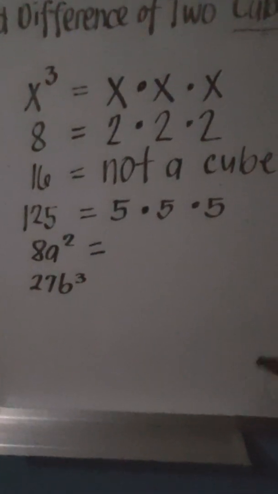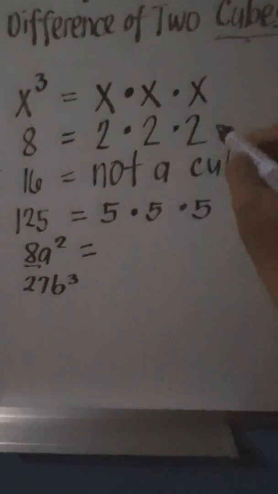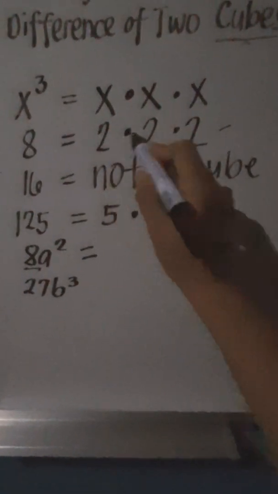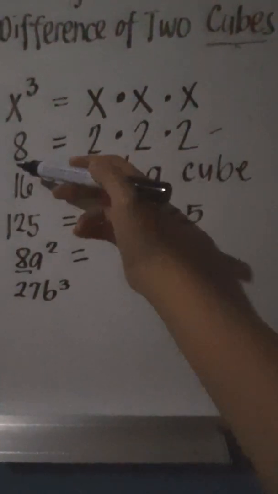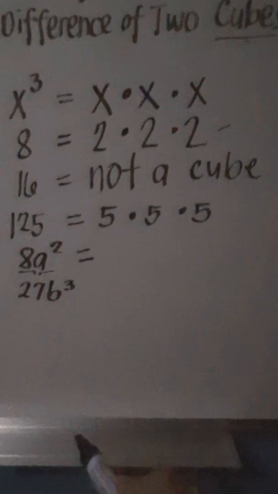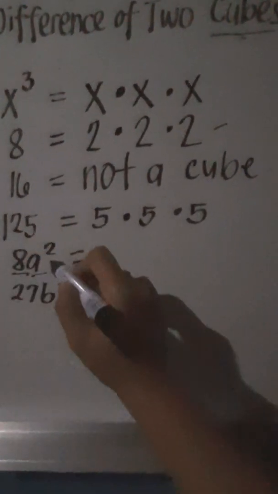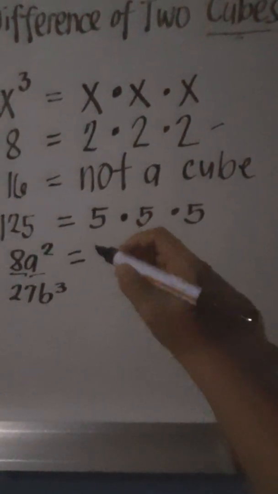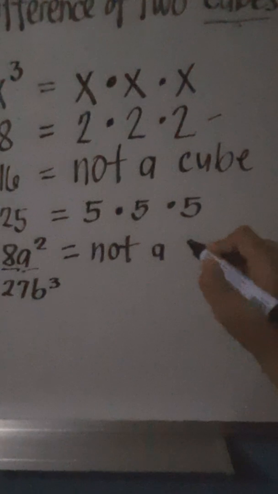The answer is no. Although 8 is a cube, as we saw earlier, if we use 2 and multiply it by itself three times, we get 8. But if we look at a squared, it is not a cube. So, therefore, the entire monomial is not a cube.